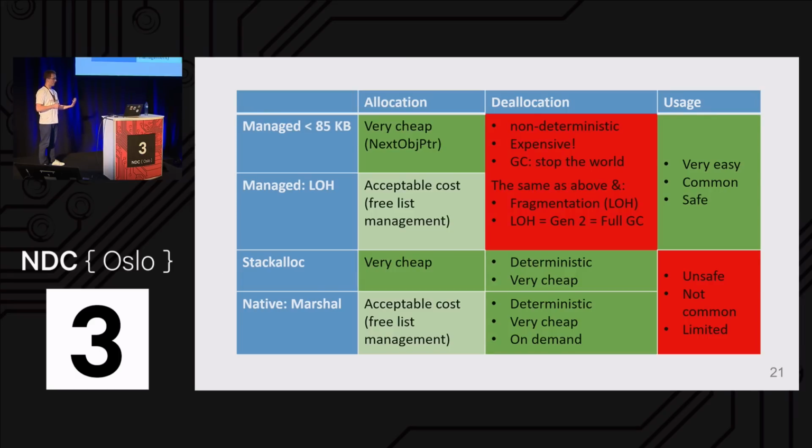But when we compare all different types of memory: small managed objects, large managed objects, stack allocated memory, and unmanaged memory allocated on the unmanaged part of the heap, we can see that all of them have quite fast allocation, but when it comes to deallocation, there is a huge difference, because the native memory can be deallocated on demand in a deterministic way.